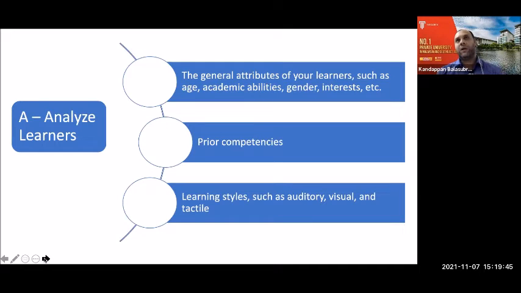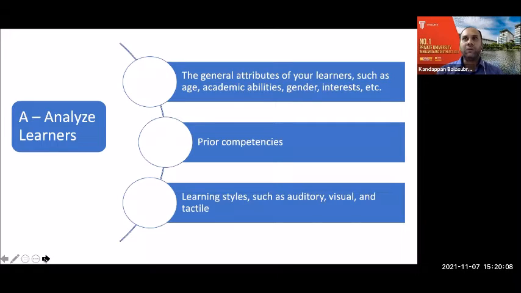So whenever you design or manage your teaching resources, it's very important for you to know about your learners' background. What are their general attributes in terms of their ages? Because based on the age, the learning capabilities might vary.